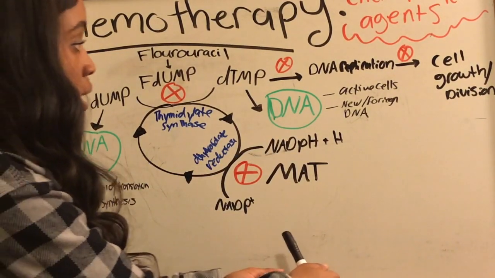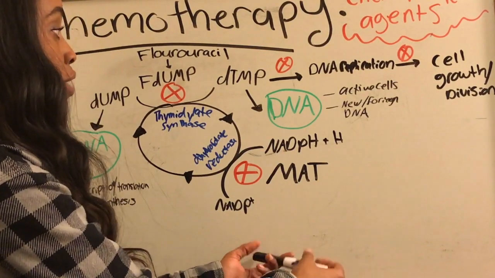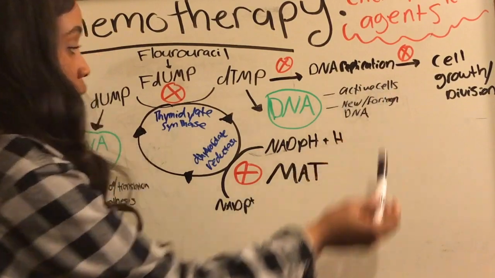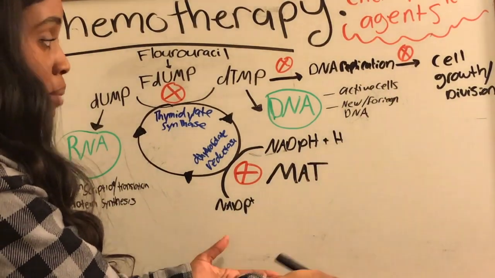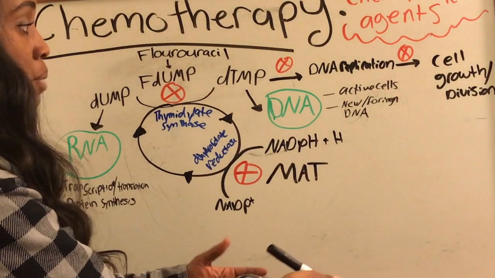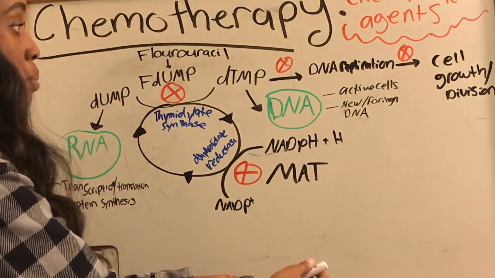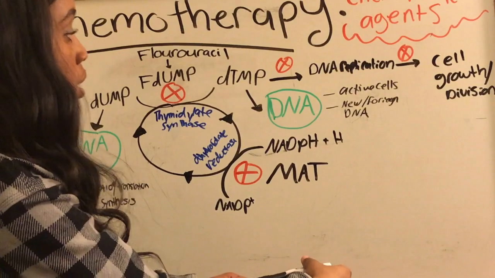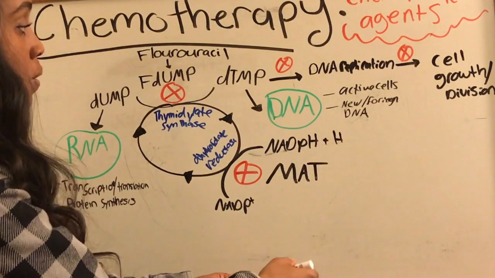And yes, we get a lot of side effects by doing chemotherapy because it interferes with these active cells. And that's why people vomit, or get pale, or lose their hair, because there is no more DNA replication occurring for those active cells.